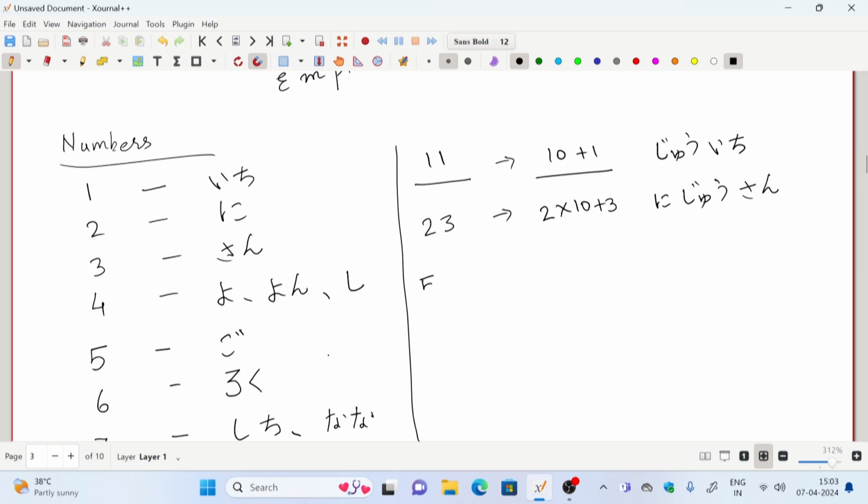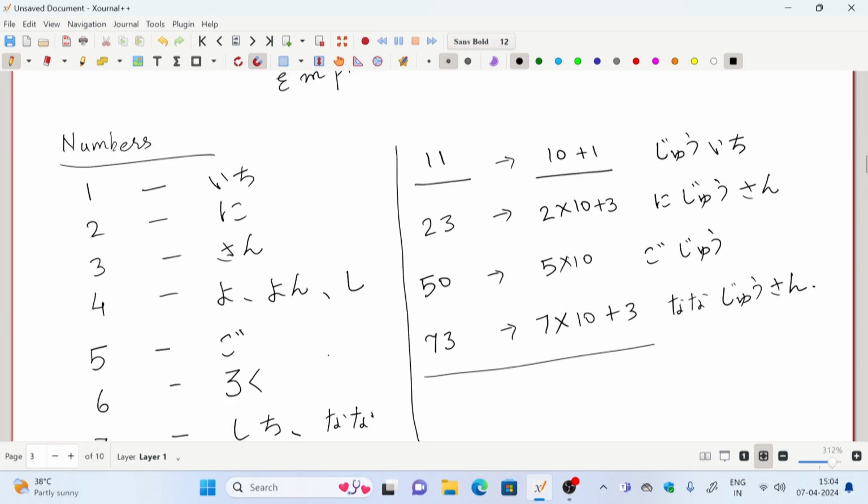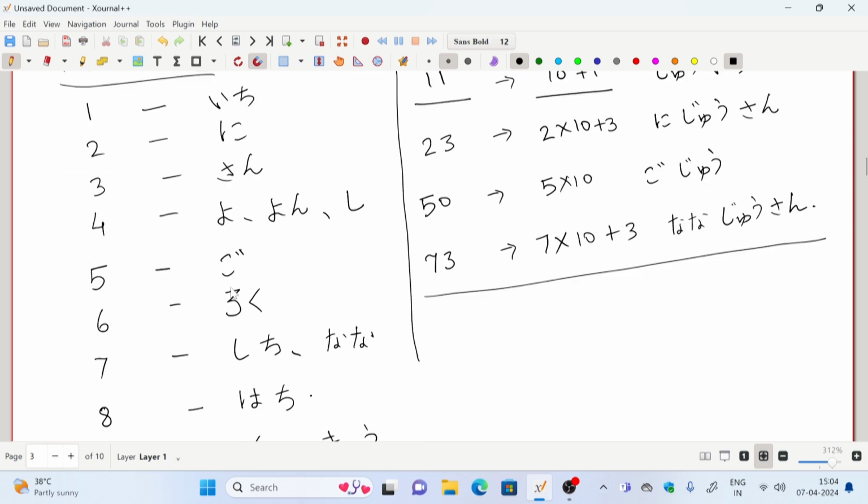Suppose it is 50. It will be 5 into 10 and written as go juu. If it is 73, then it will be 7 into 10 plus 3: nana juu san. So this is how numbers are read in Japanese.